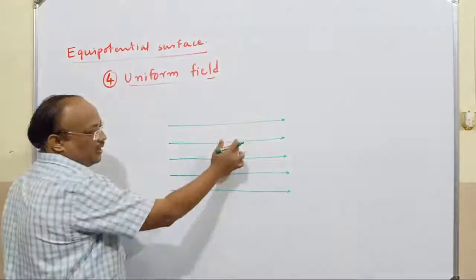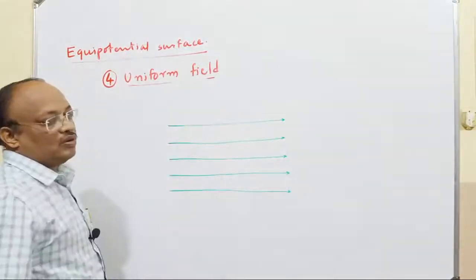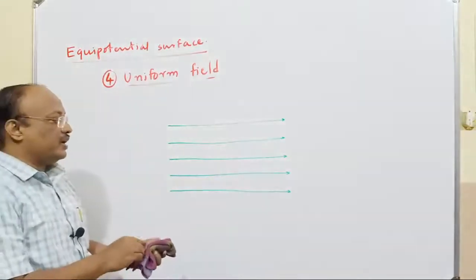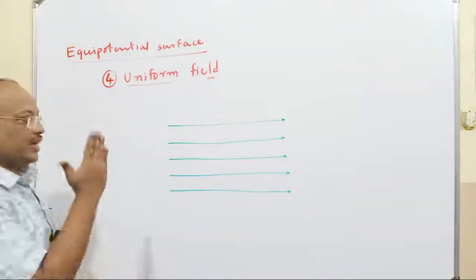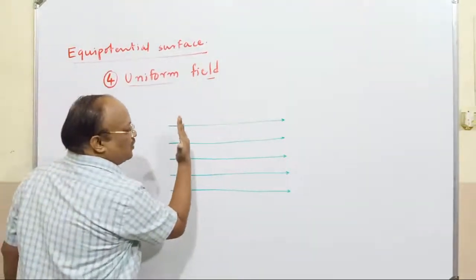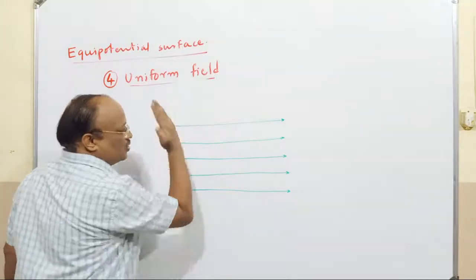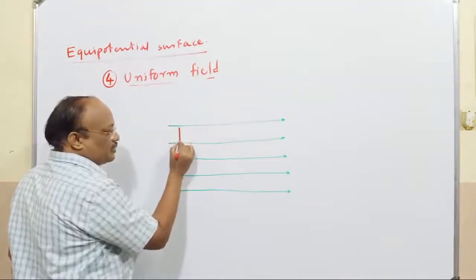These are your electric lines of force. Then how will our equipotential surface be? Equipotential surfaces will be perpendicular to these. It will be somewhat like this.